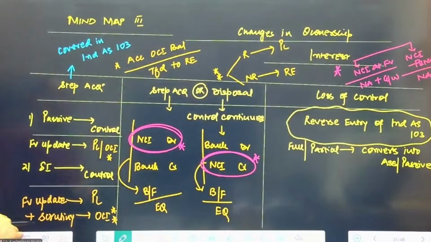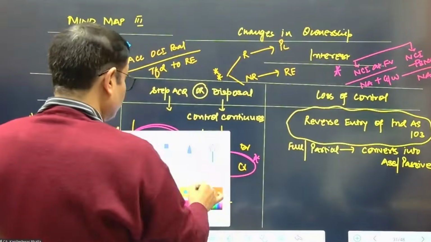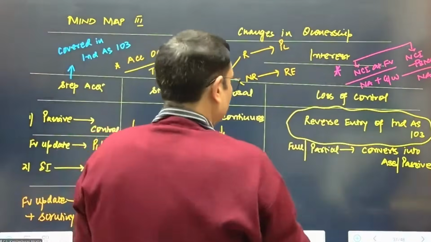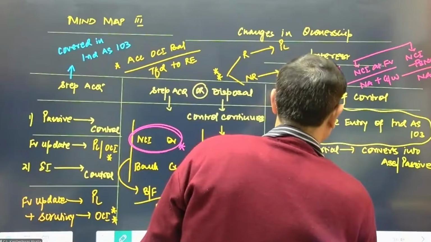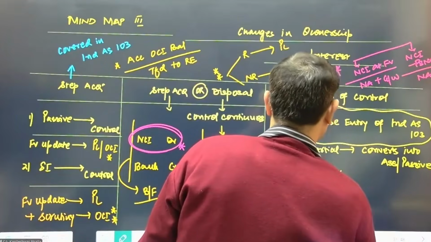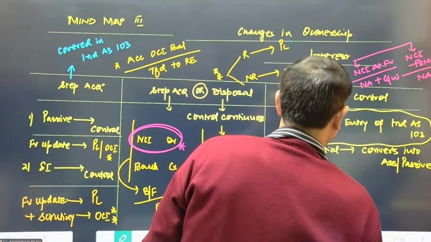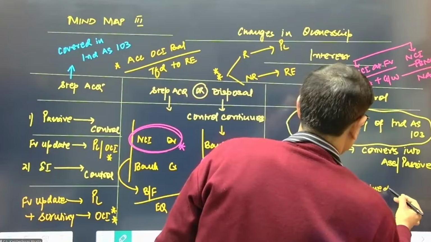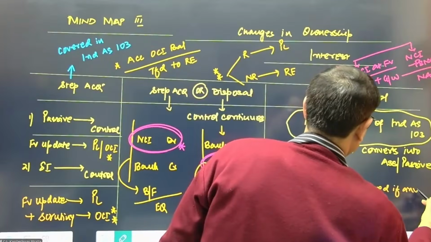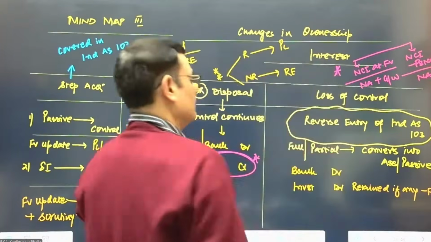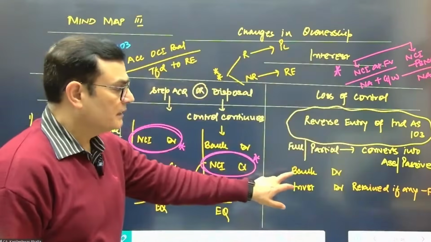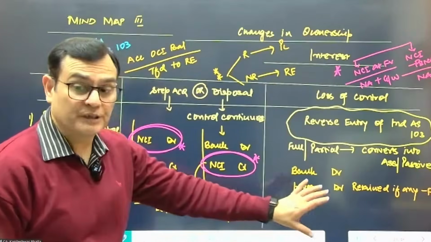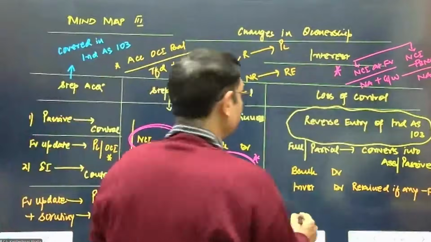So let's say the entry in terms of reversal entry. Bank gets a debit and investment gets a debit, which is retained if any. And this will be taken at fair value. So we'll take bank gets a debit, investment gets a debit for the fair value retained if any.